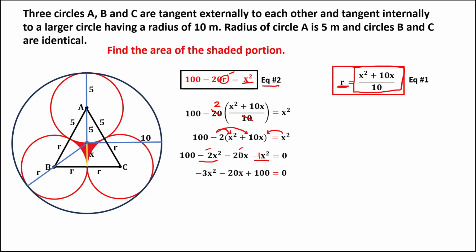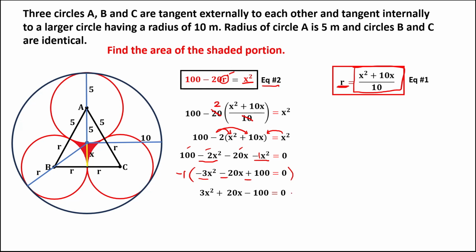So we have negative 20x plus 100 equals 0. Then to make this first term positive, multiply the whole equation by negative 1. So this becomes positive 3x squared, positive 20x, and negative 100 equals 0.